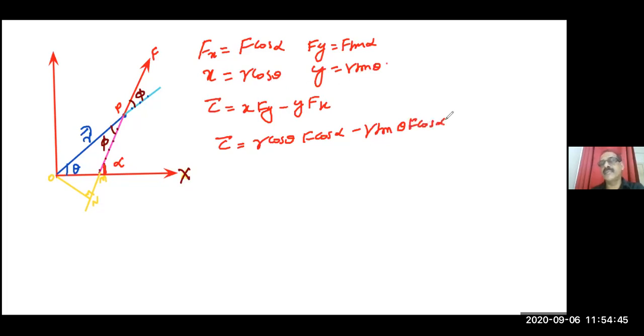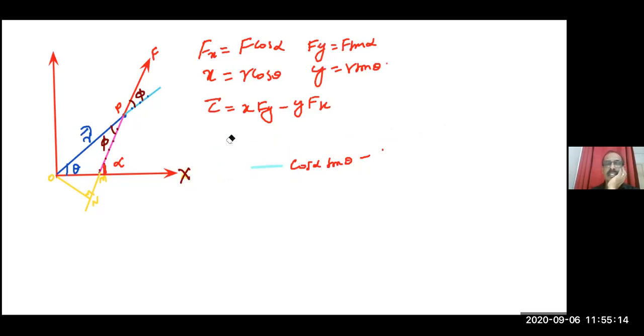Then torque is equal to RF. Sir, actually the first one, R cos theta into F sin theta, right? Yes, it should be alpha.